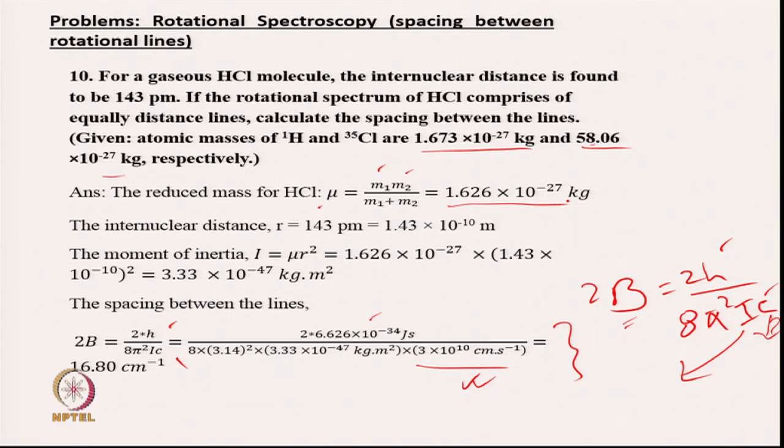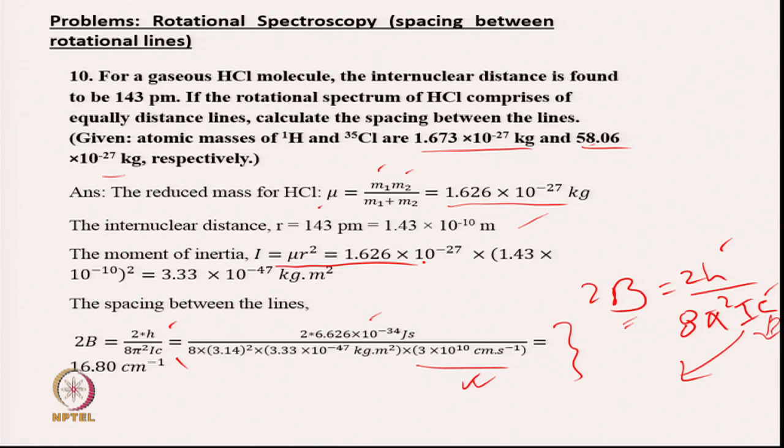But if you take m1 in gram per mole unit, then you need to divide that by Avogadro number. That will give you the mass of one molecule or one atom, not 1 mole. This you need to keep in mind, and then r you need to express in meter, and then you can calculate I is equal to mu r square.